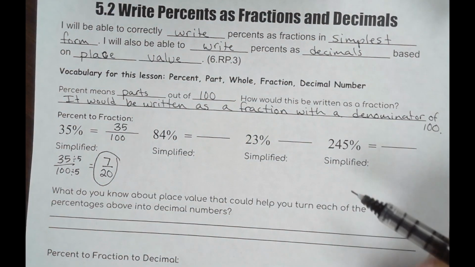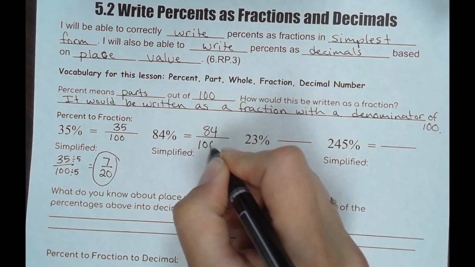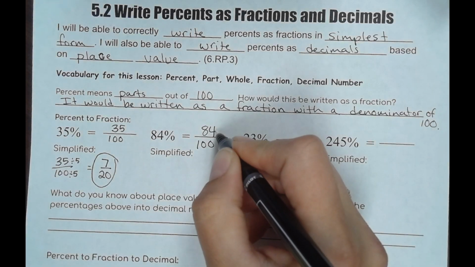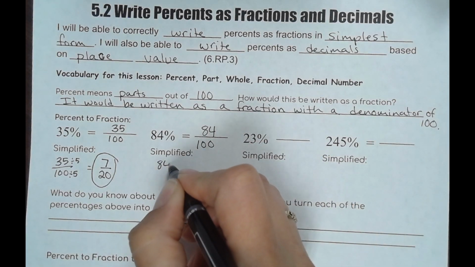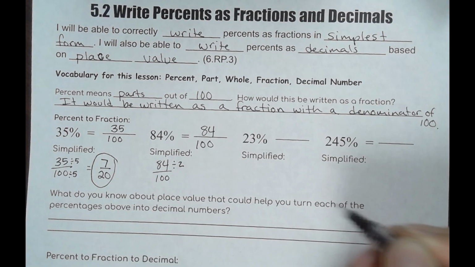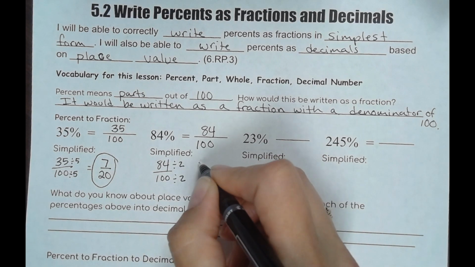Okay, 84% would be 84 out of 100. So if I'm doing 84 out of 100, I'm going to reduce that. What goes into both 84 and 100? I can divide this by 2. I can divide this by 2. 84 divided by 2 gives me 42.